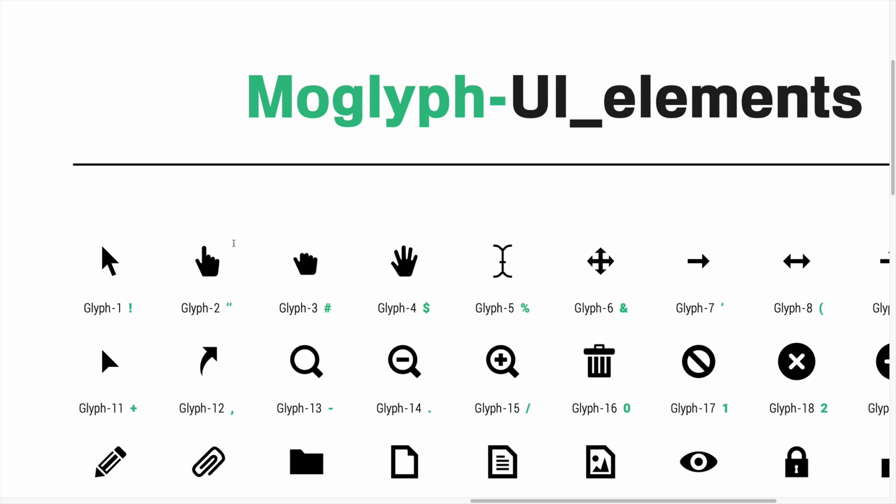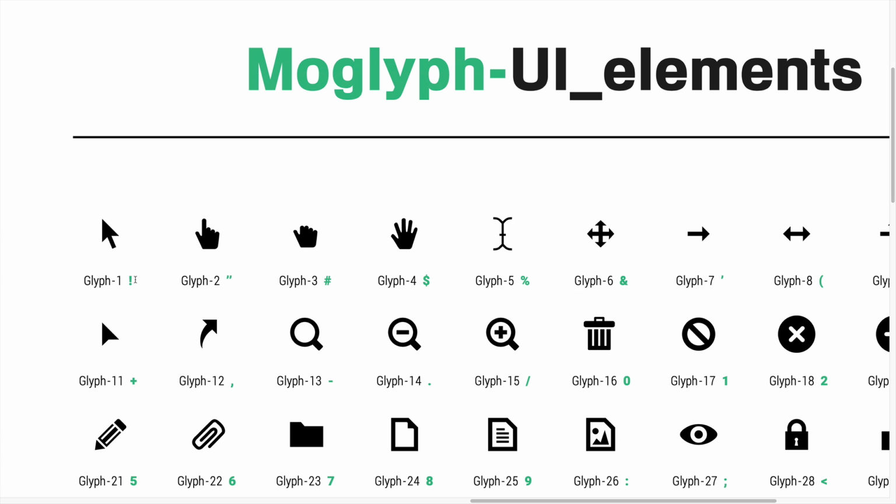Just to let you know, the very first glyph in each font corresponds to the exclamation point. If you type the exclamation point with the Moglyph UI element font chosen in your text layer in After Effects, you will end up with this nice cursor.